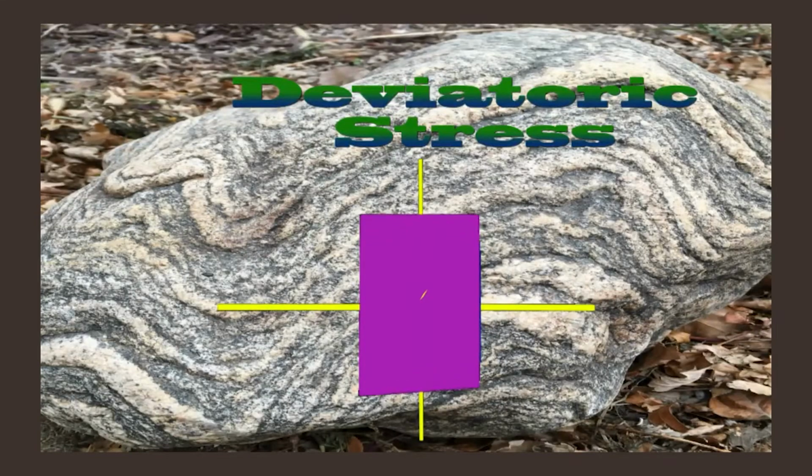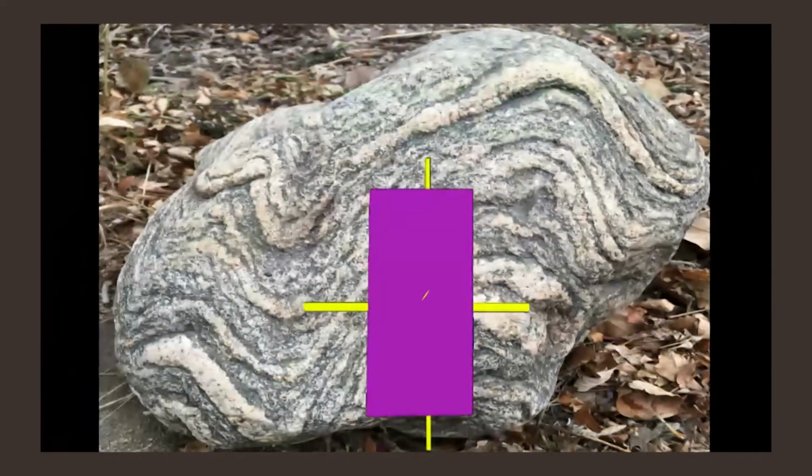Minerals that crystallize or grow in the differential stress field can have a preferred orientation. This is especially true of the sheet silicate minerals, for example the micas, biotite, muscovite, chlorite, talc, and serpentine.